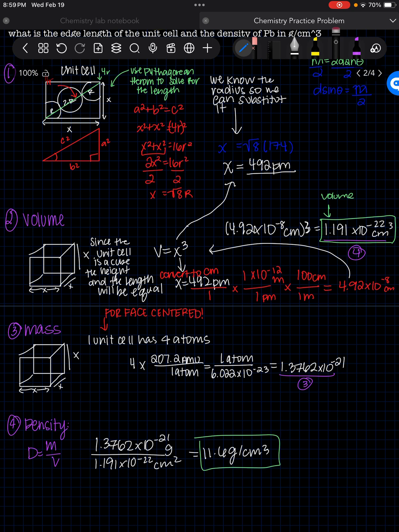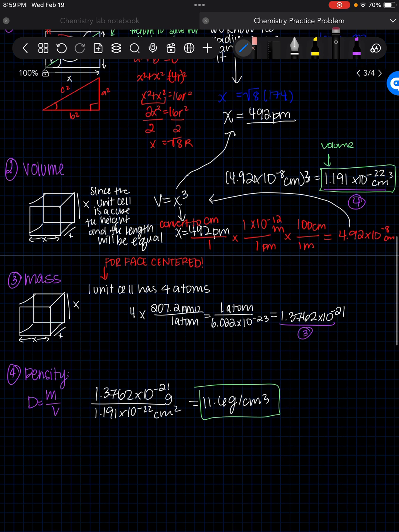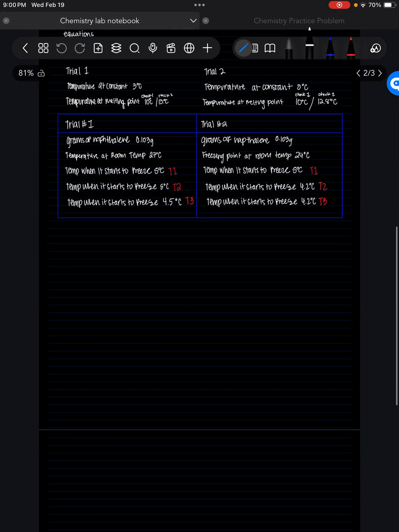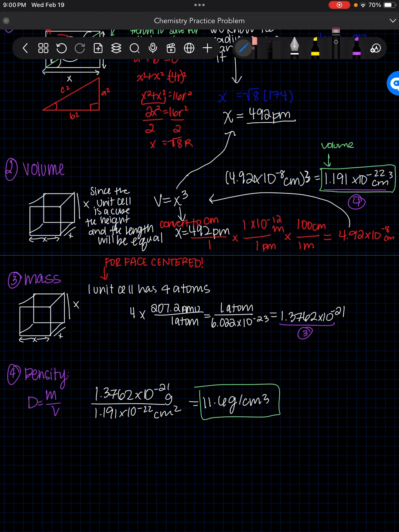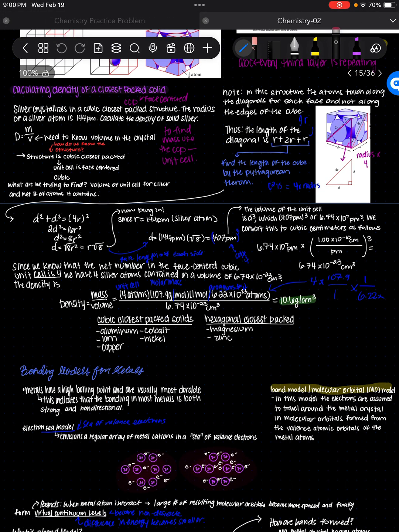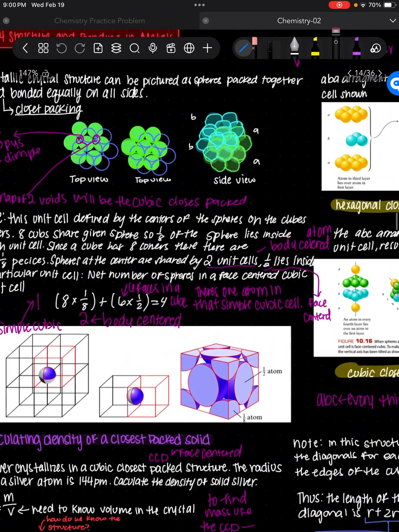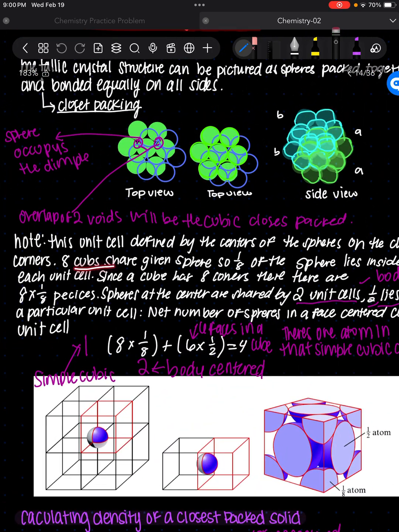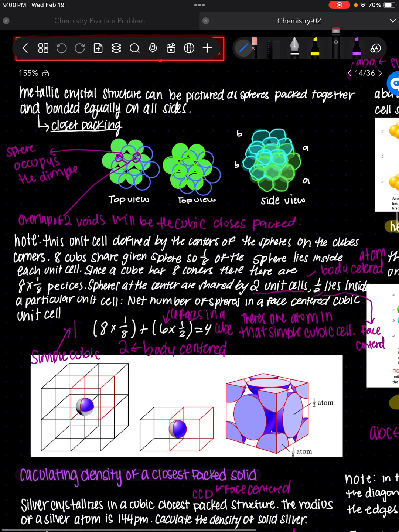Now, for face-centered, keep this in mind. When you find mass, you know that 1 unit cell has 4 atoms, okay? I need to check in the book. Let's check in the book real quick. Oh, that's lab. Let's check in the book. Right here. So 8 cubes share a given sphere, so 1/8 of the sphere is inside.